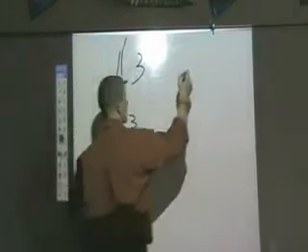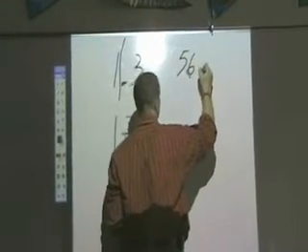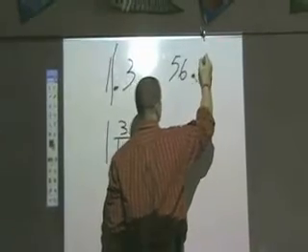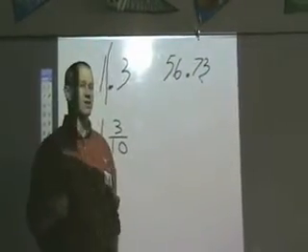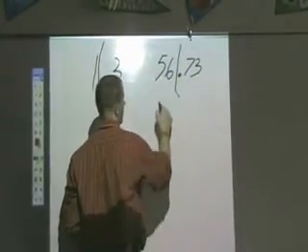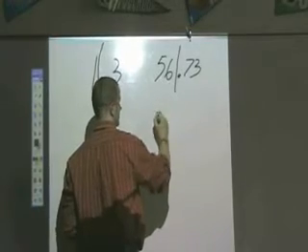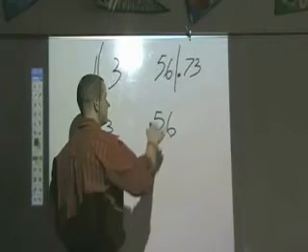Let's do another example. What if I had 56 and 73 hundredths? And I want you to make it into a fraction. Well, once again, take your whole number. What's your whole number? 56. It's a complete pie. It's a complete pizza.